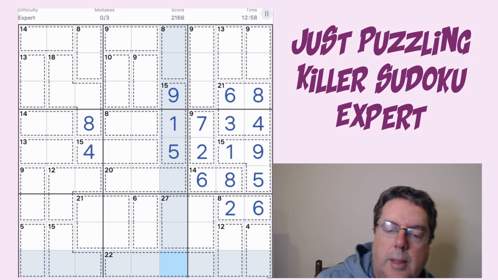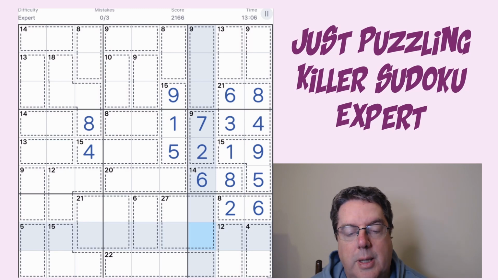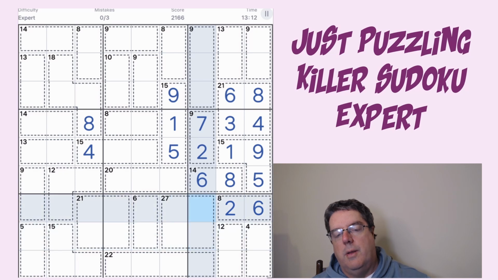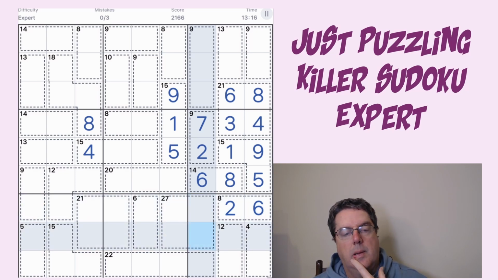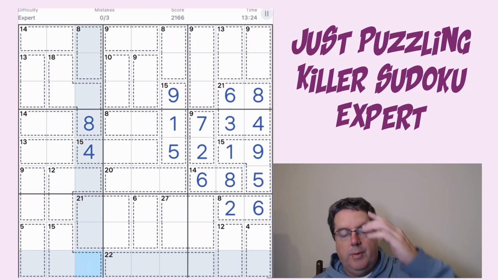27 can be, oh wait a minute, can 4 fit into that? 27 is 2, 4, so that could be 6, 8, 9. So that's definitely got a 9 in it there. If that had a 9, it would either be 2, 4 or 1, 5, so that all works.